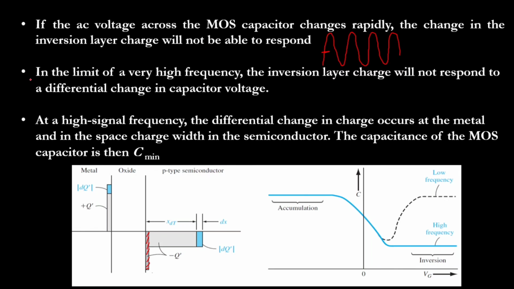Okay, at a high frequency, the inversion layer charge will not respond to the differential change in the capacitor voltage. At high frequency, the differential change in the charge occurs at the metal and the space charge width in the semiconductor. Okay, so the capacitance of the MOS capacitor is then C minimum. This is the effect of frequency in the MOS capacitor.